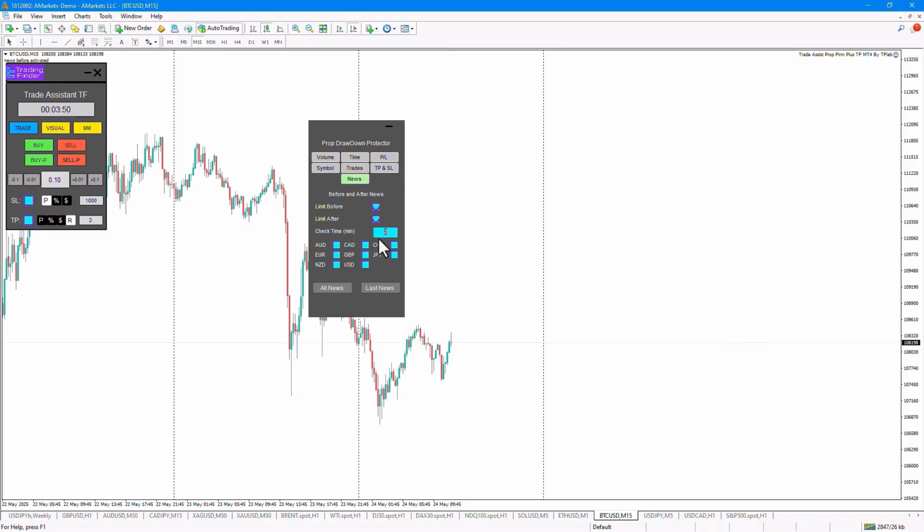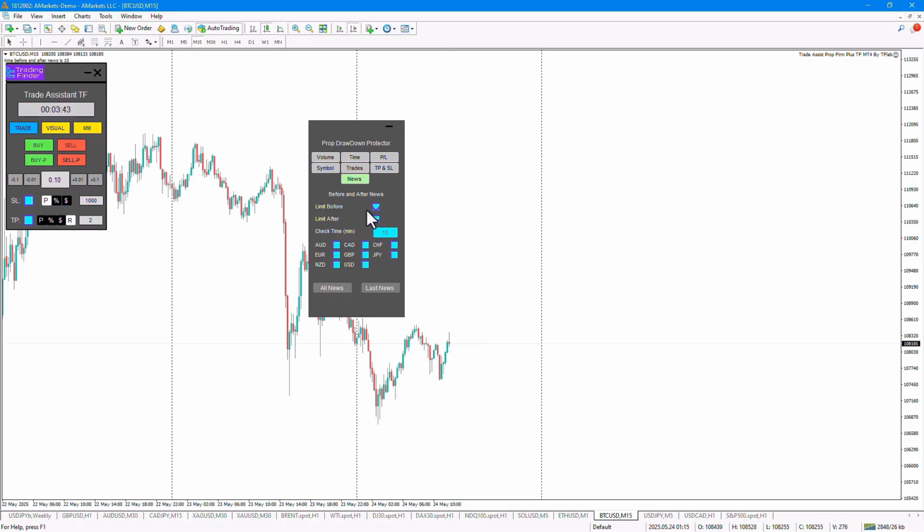We can set the news alert display time in the section below. If I set the number 10 here, it means that 10 minutes before the news arrives, the expert will display the news for me in this section, and by clicking on the All News option, we can view the news. And here we can see that there is no news for today.